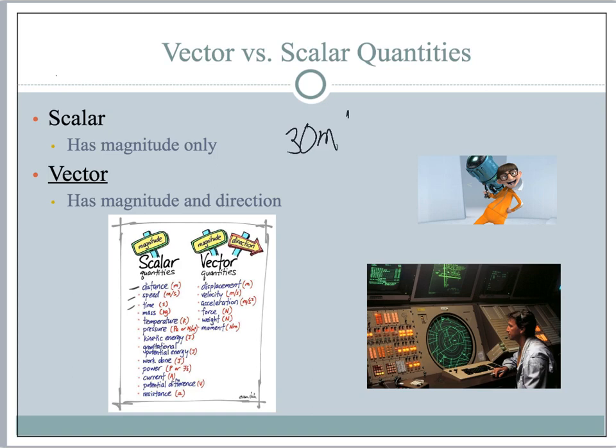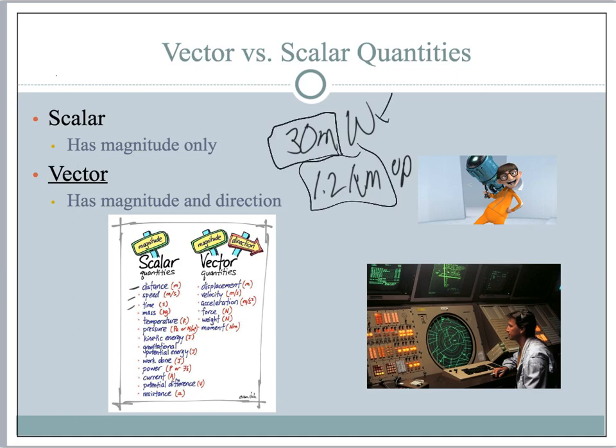But if I said 30 meters west, or 1.2 kilometers up, those would be considered vector quantities because not only do they involve the magnitude, the 30 meters there and the 1.2 kilometers there, but they also involve direction. And if they involve direction with the magnitude, you consider them what we call a vector quantity.